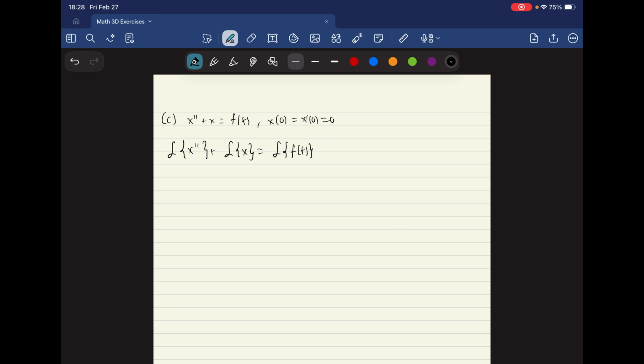And this in turn, just using the usual formulas for the Laplace transform, will be this plus capital X. And all of this is equal to the Laplace transform, and I'm going to plug in my expression for f of t in terms of the Heaviside function. t minus 1 squared, u of t minus 1 minus u of t minus 2.